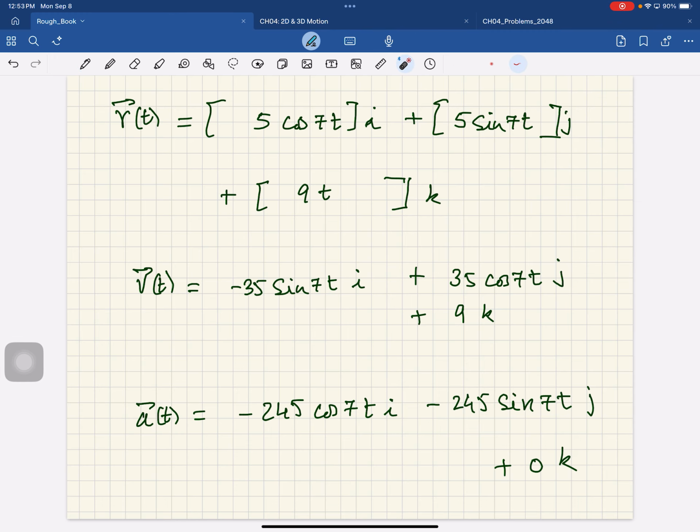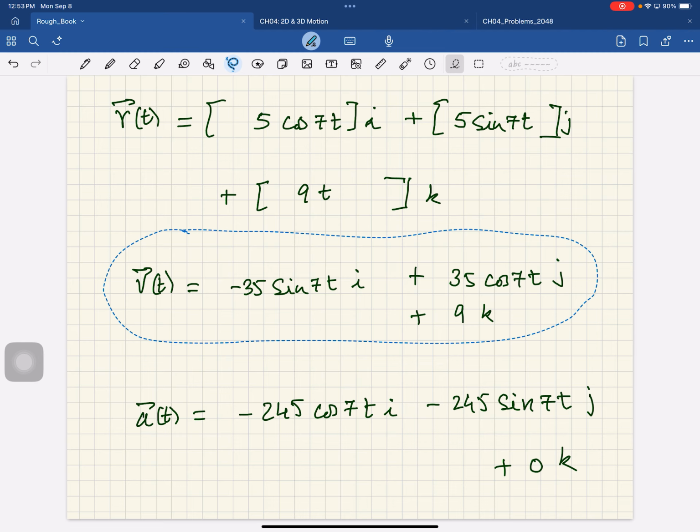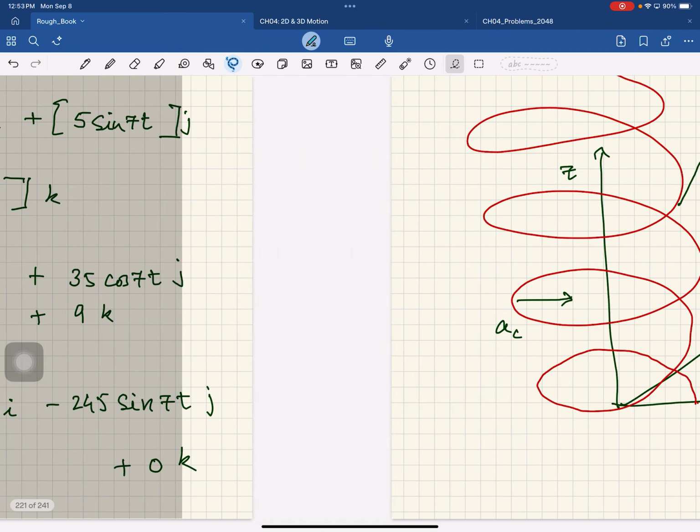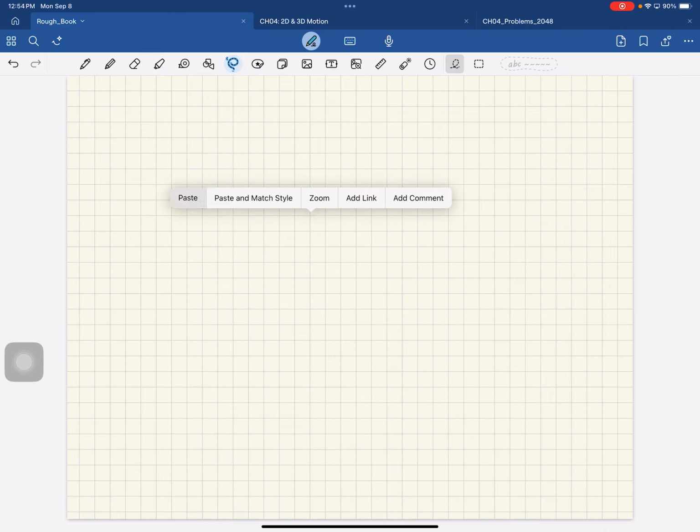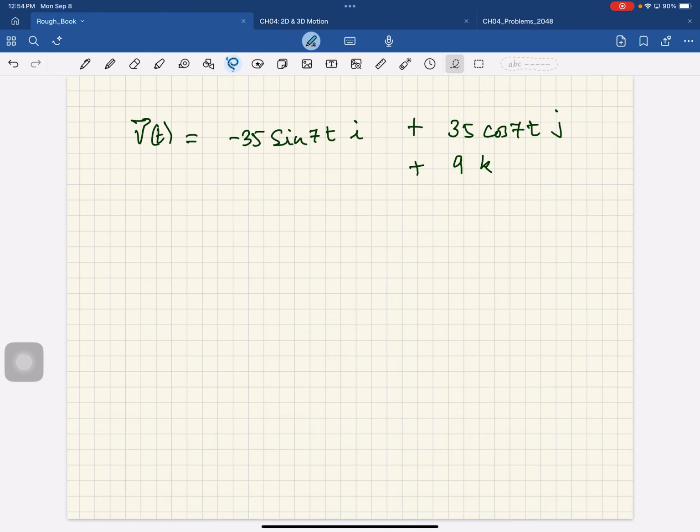Just to give you an example, you guys know how to calculate the magnitude of a velocity. Here's the velocity as a function of time. Here's the x component of the velocity, y component, z component.